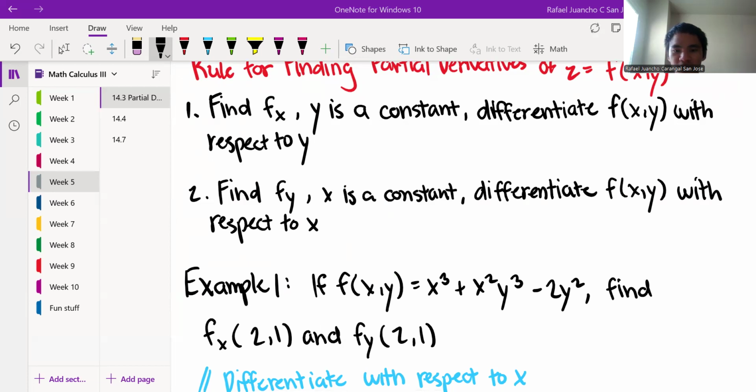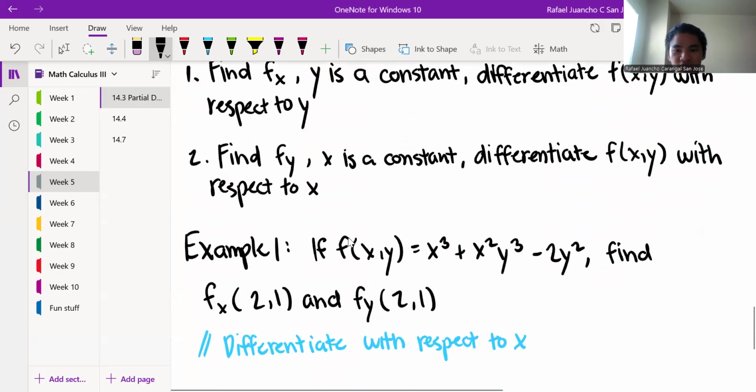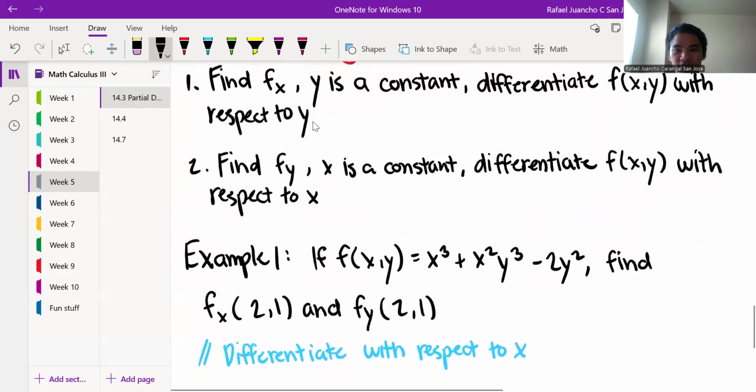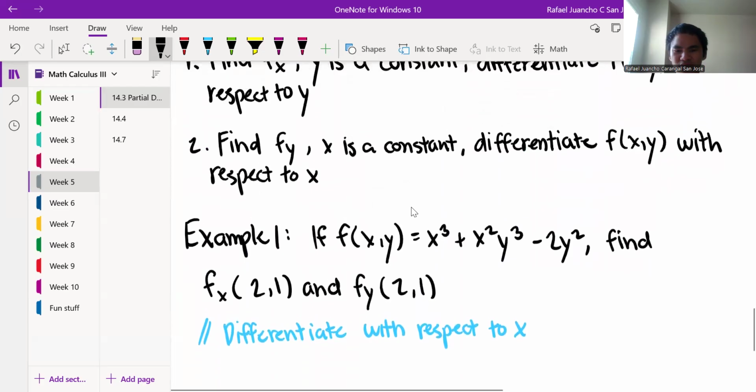Oh, so we're making x the input. So if we say we differentiate with respect to x, we're making y... Am I right? Wait a minute.